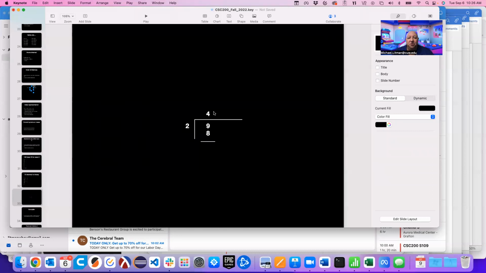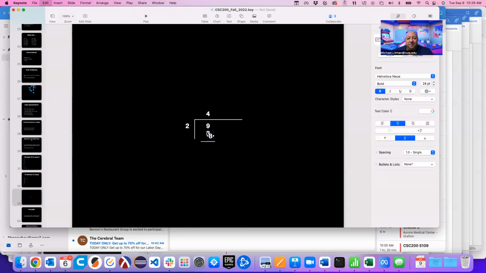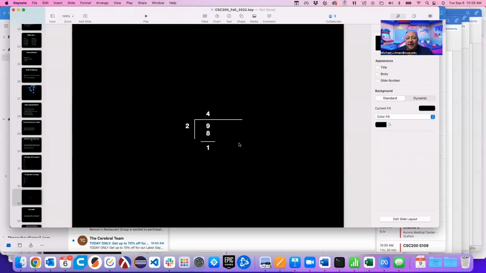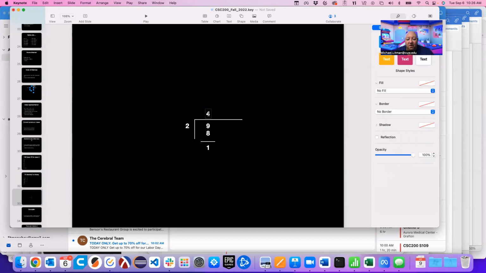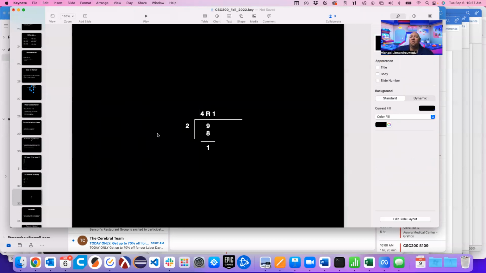You subtract those, you get a 1. So then up here, you would write 4 remainder 1. Remember that? You gotta think way back. That's what we're doing here. We're doing 3rd grade math. We're doing integer division, recording the integer quotient and the remainder.